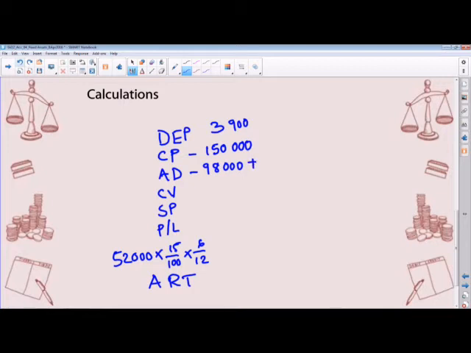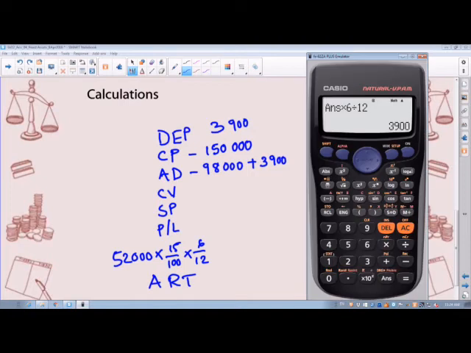There goes 3,900. Clear? Add the two figures together. And what do we have? 3,900 plus 98,000 to give me a figure of 101,900.